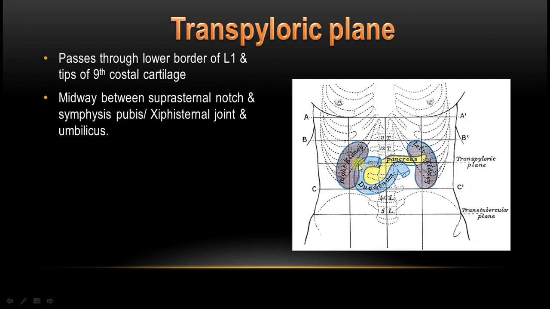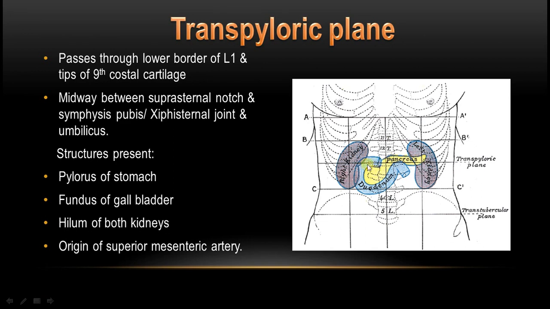Then you have the origin of the superior mesenteric artery, the fundus of the gallbladder. Even at the lower border of L1, your spinal cord ends inside the vertebral column. So these are some of the very important structures lying along the transpyloric plane.